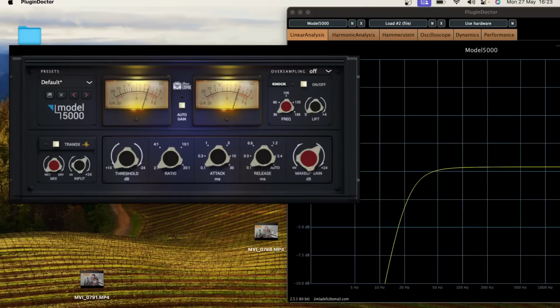Now, I'm not an electrical engineer, I don't make analog units, but one thing that I have picked up over the years speaking to people that do is that input transformers normally tend to change the phase primarily in the low end and in the high end. When I was speaking to Bart Herc, who's got quite a lot of 500 series stuff, he was telling me that the transformer bump is actually a fault.